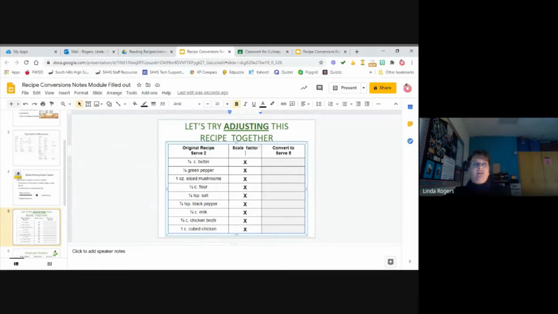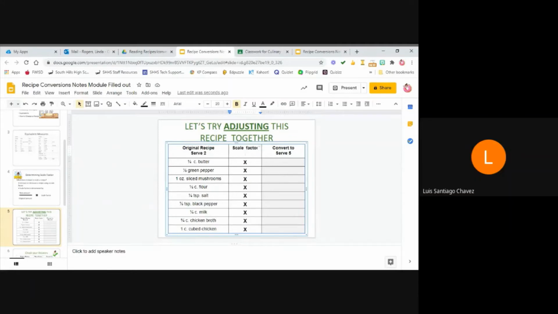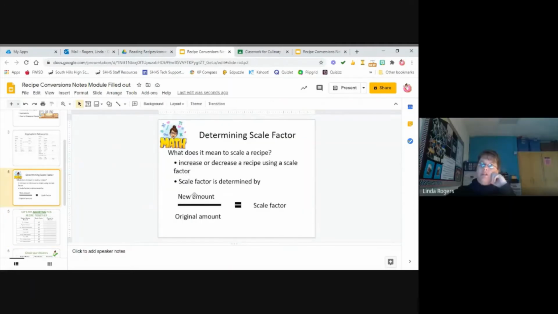What's our scale factor? How are we going to figure it out? Yeah, multiply. Okay. Here's our formula.